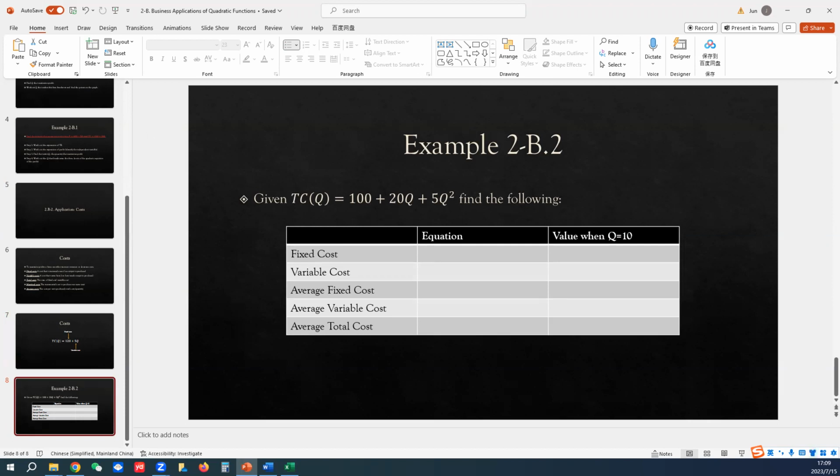So let me switch to my document camera to help you go through those calculations. So here, the equation that we are looking into is total cost equals 100 plus 20Q plus 5Q squared.